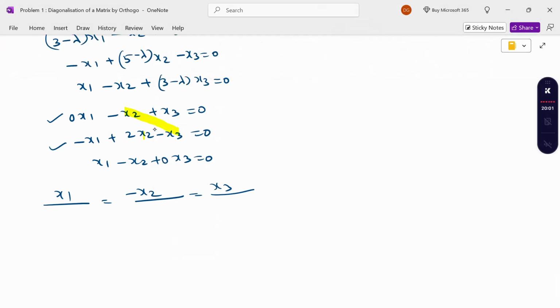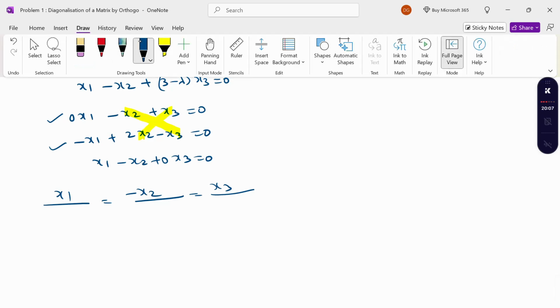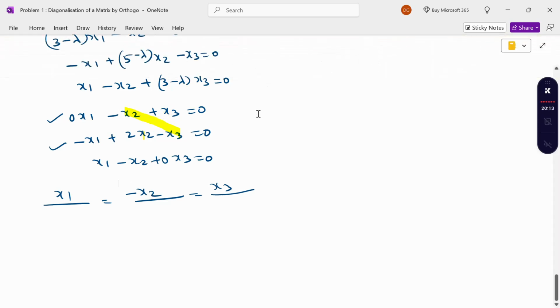This cross multiplication and then this cross multiplication. So minus, this is a 1 minus 2. Then when I selected x2, 0 plus 1.